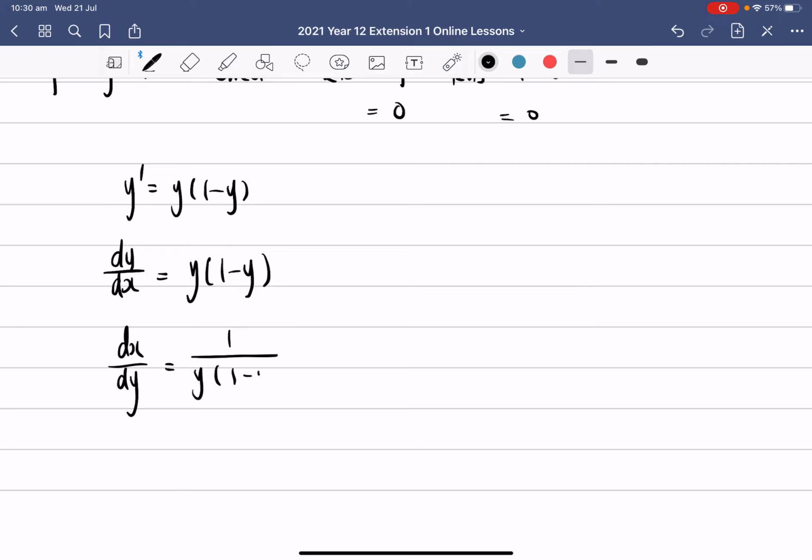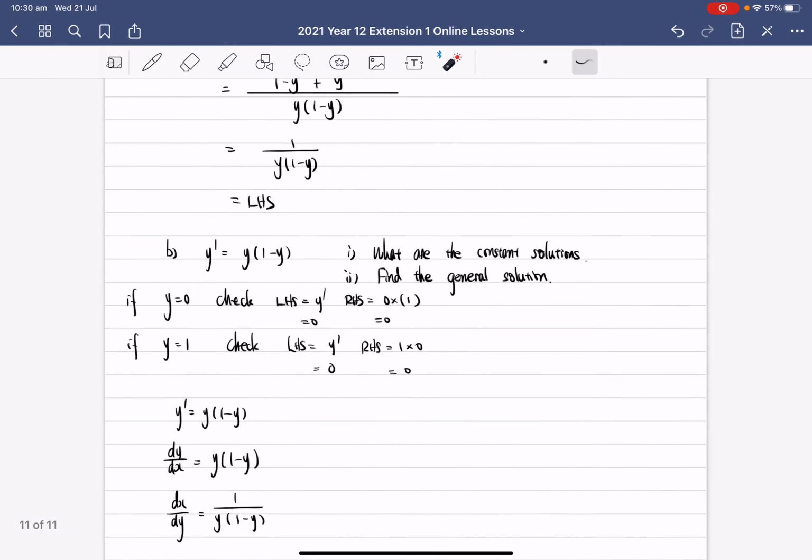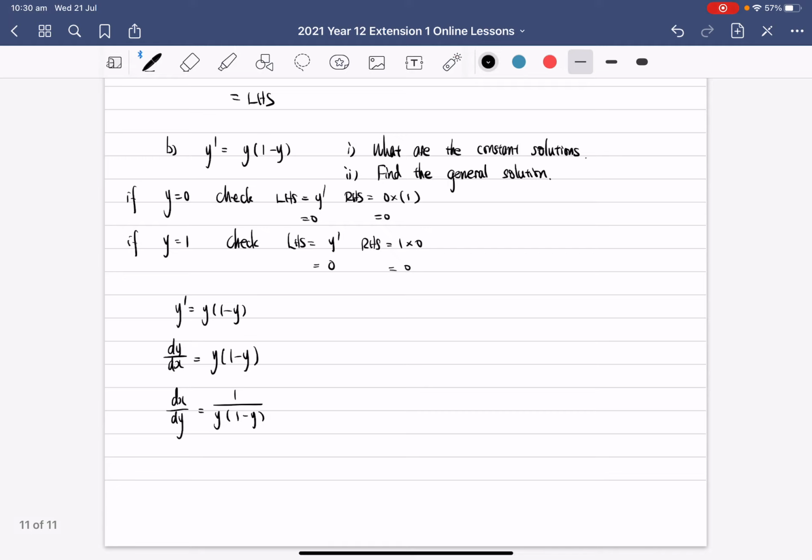And here we go, that's the expression we have. As you can see here, this is an expression, and we need to change that expression into the expression here, 1 over y plus 1 over 1 minus y. All right, so dx over dy is 1 over y plus 1 over 1 minus y. Okay, all right, so now we can integrate both sides.